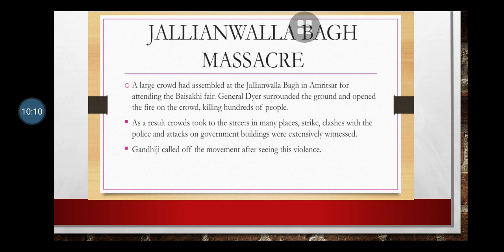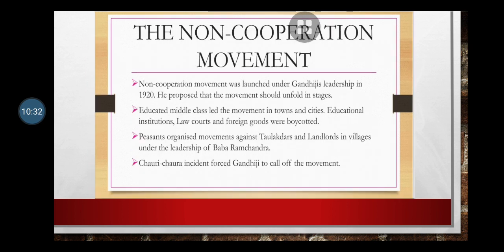Many satyagrahis were forced to rub their noses against the ground, and women were also very badly beaten up. Seeing the violence spread like that, post this Jallianwallah Bagh massacre, Gandhiji called off the Rowlatt Satyagraha movement.